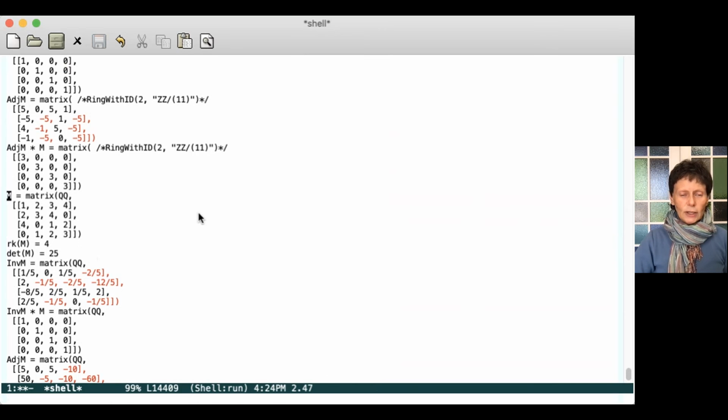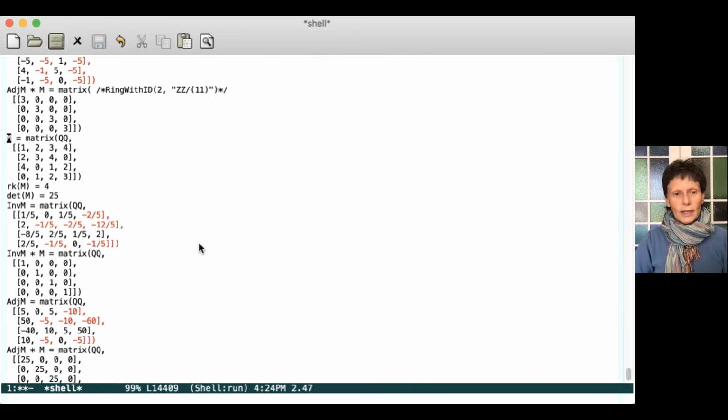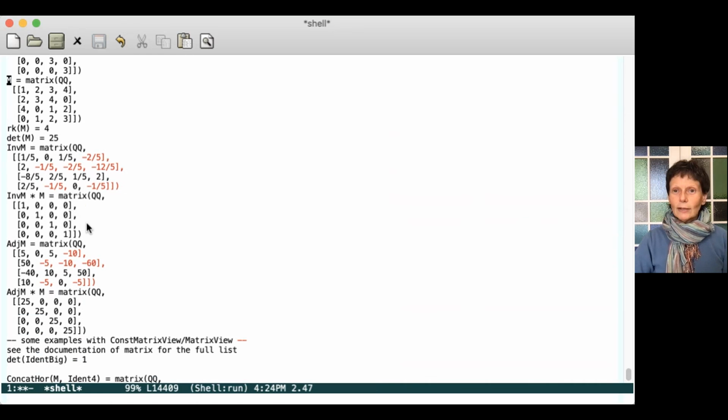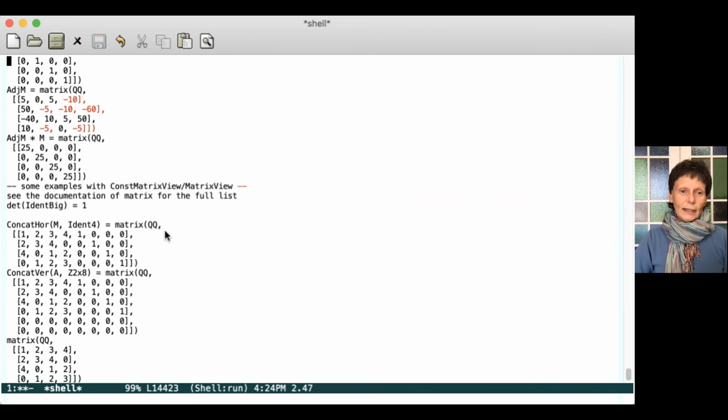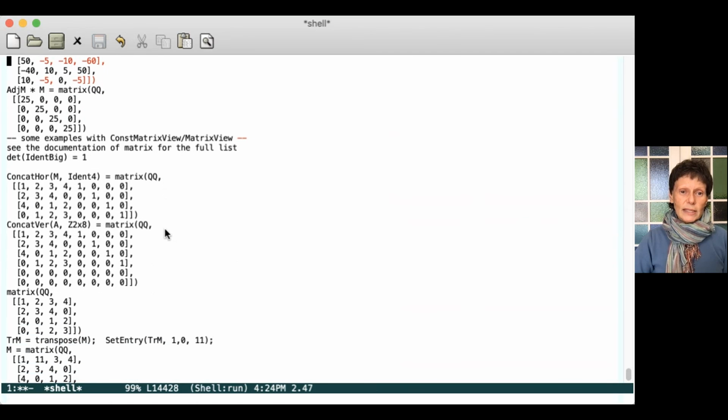Okay, here I don't have any nice separators. This is the matrix over the rationals. So the rank is 4 and the determinant is 25 this time, and we compute the inverse. I can check it is really the inverse by multiplying by M. And now we see something with the matrix view.